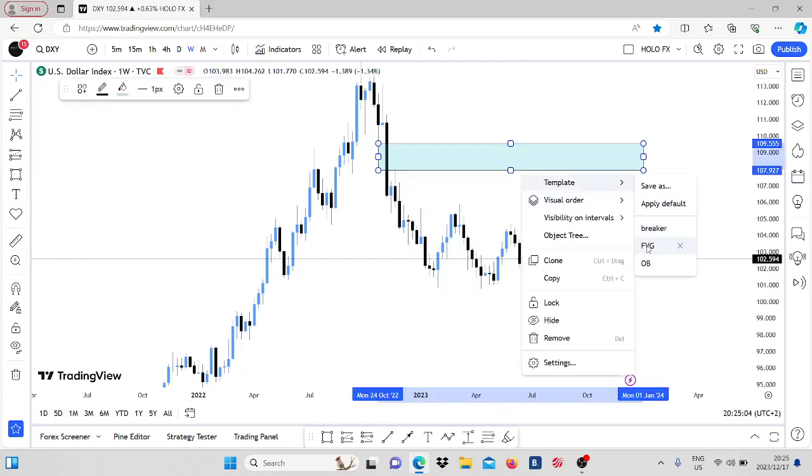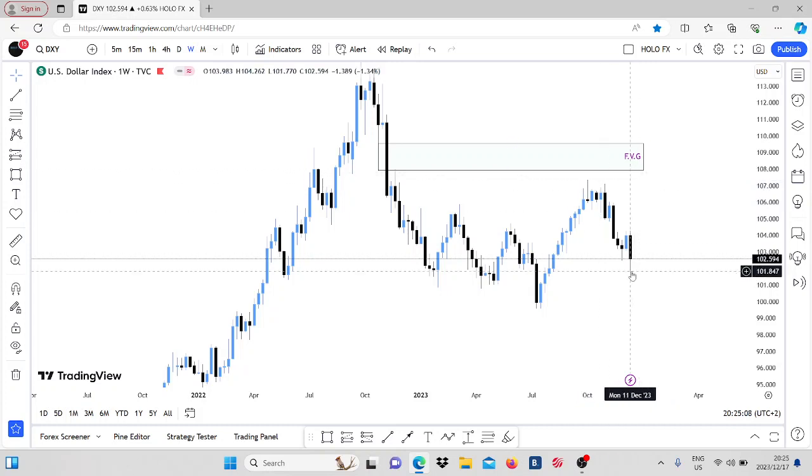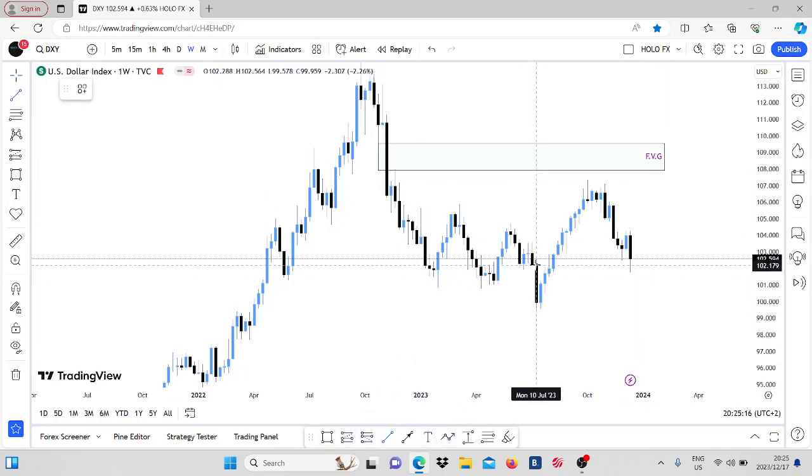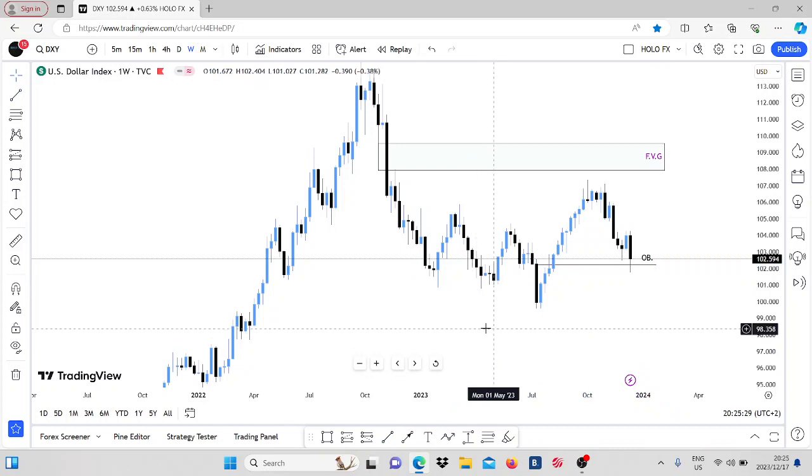This is my fair value gap on a weekly time frame that price in future is gonna come tap the zone, right? So initially we see that price came to that order block. There's our OB, order block.